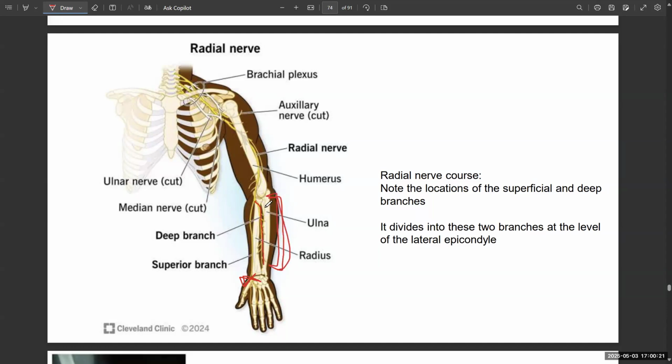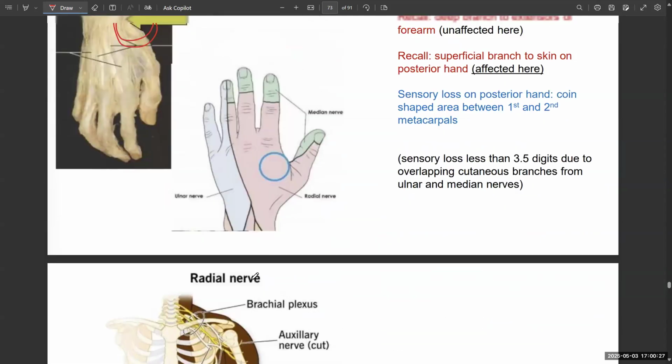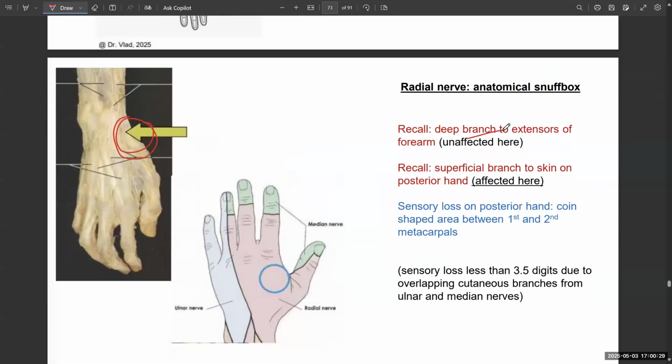However, the superficial branch is going to go down and that will be affected here. So the deep branch to the extensors of the forearm is unaffected. That means your extension of the wrist is fine. That's working. In fact, your extension of the fingers is also working. All the motor is working. So your motor extension is not going to be affected if you have an injury to the anatomical snuff box.